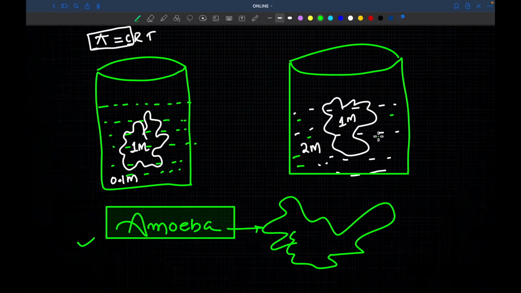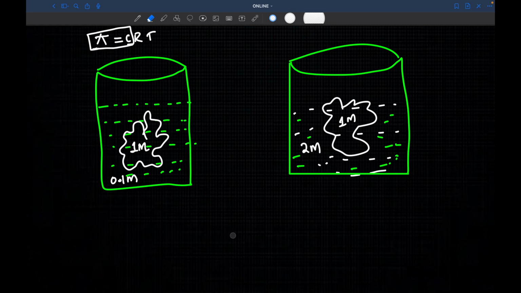Are they in the same structure or the same kind of environment? Here in the amoeba, the concentration is greater than the outside solution. Here the concentration of the amoeba is less than the outside solution, right? Both of them have different concentrations.